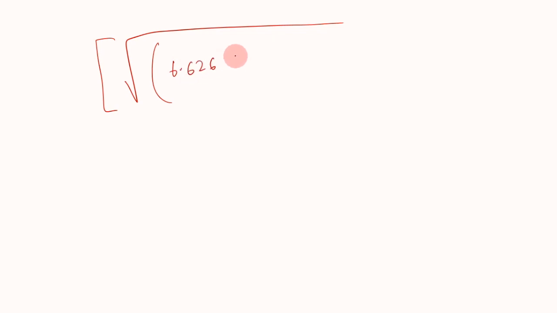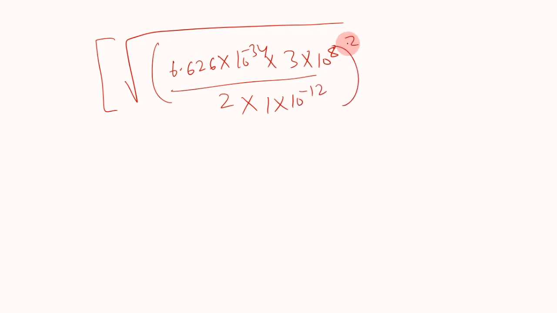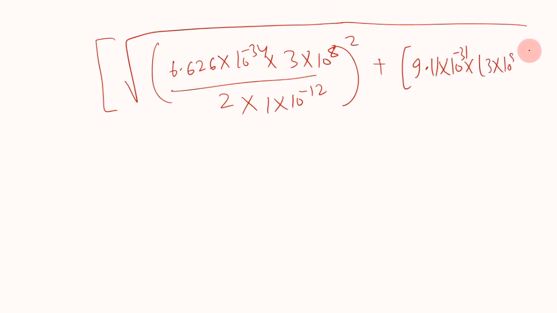So when you take n is equal to 1 and put everything in this expression, h is this, c is 3 into 10 to the power 8, divided by 2 into 1 into 10 to the power minus 12, whole square, plus m, the rest mass, which is 9.11 into 10 to the power minus 31, into c square, which is 3 into 10 to the power 8 whole square, and the square root of it.